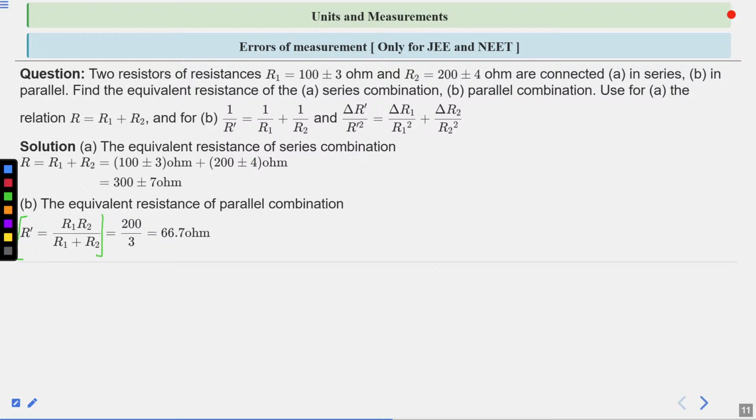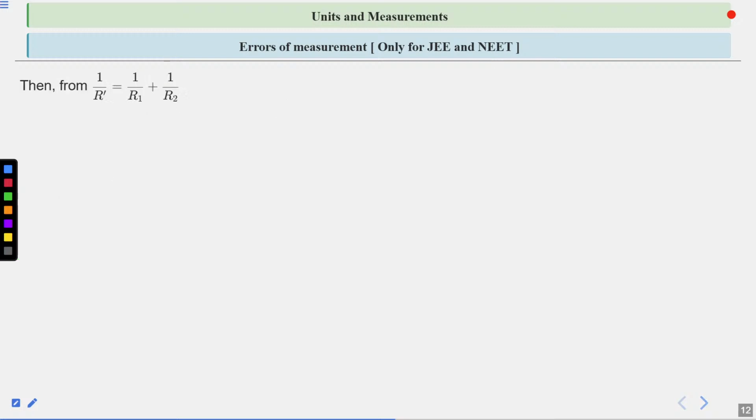R1 is 100 and R2 is 200. Solving this, you will get 66.7 ohm. Then 1 upon R prime is equal to 1 upon R1 plus 1 upon R2.